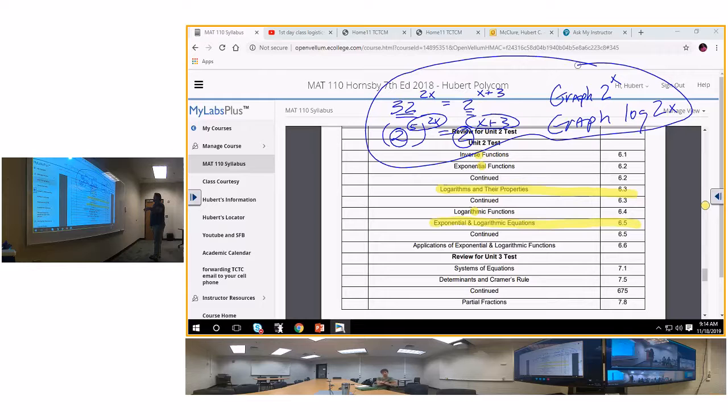Applications we'll probably get into Wednesday, okay? So we're going to get into the applications, and I can tell you what these are. These are going to be your accounting questions, your interest questions, your half-life questions, your increasing and decreasing functions, and they're going to be word problems. So we'll get into that, 6.6.